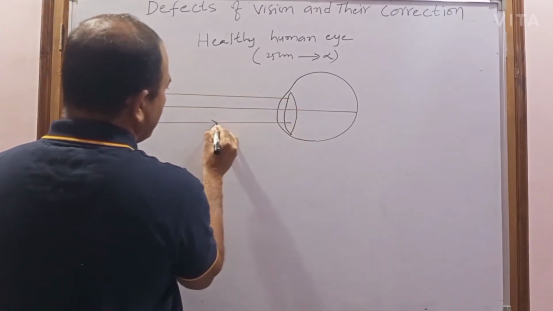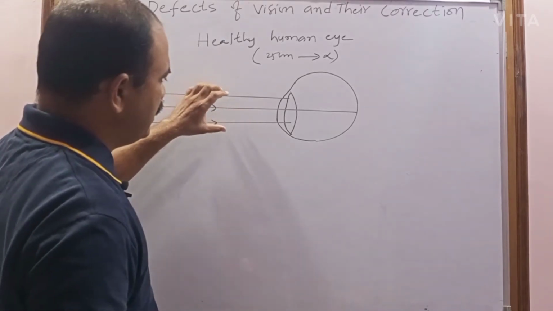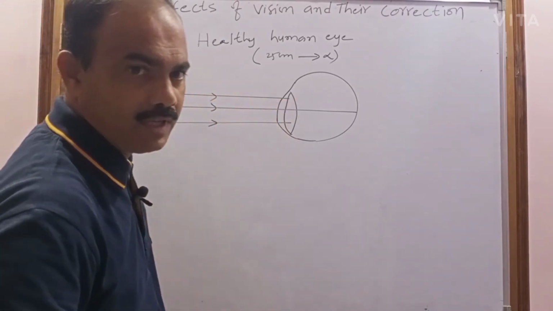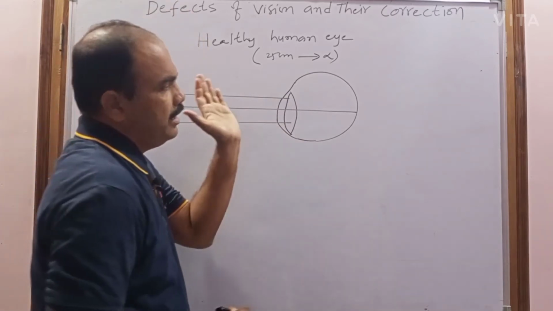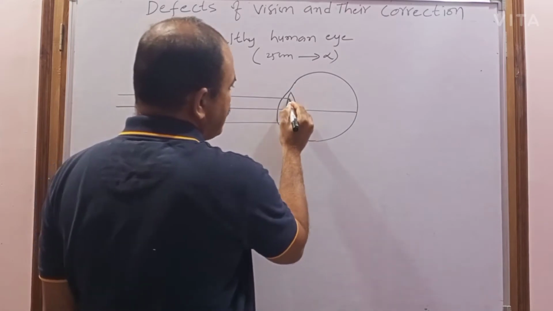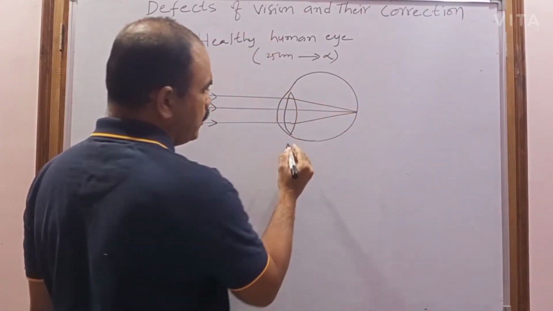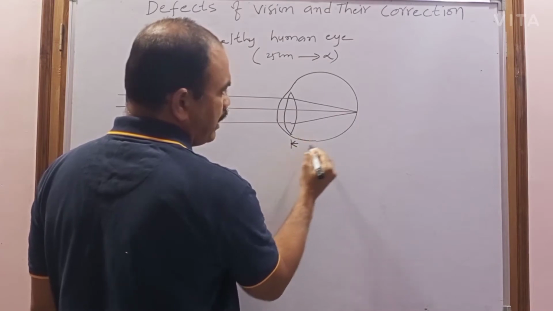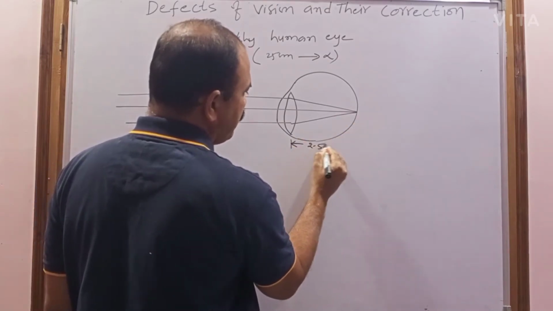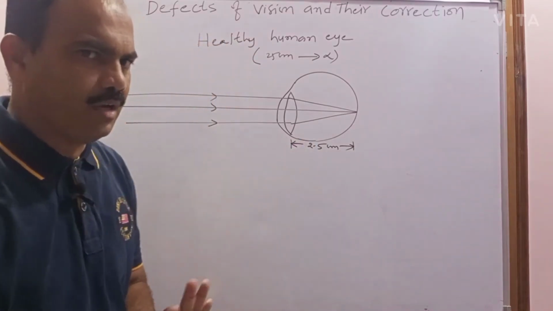The rays coming from the infinity object are parallel to each other and also parallel to the principal axis of the eye lens. Those rays are incident on the eye lens, and the eye lens forms the image on the retina. Already you know the distance between our eye lens and retina is 2.5 centimeter, and this cannot be changed.